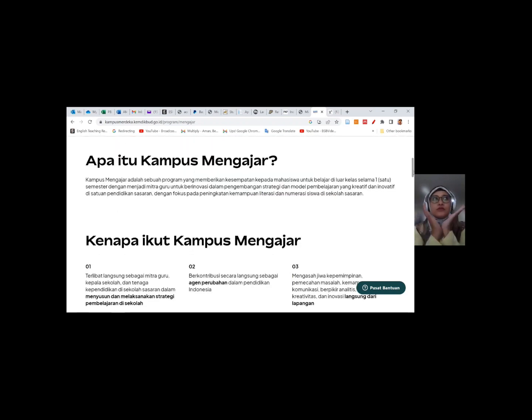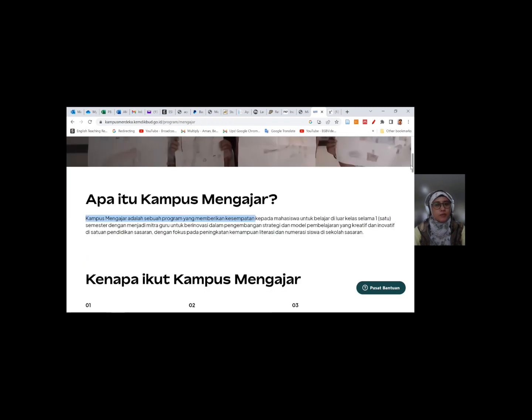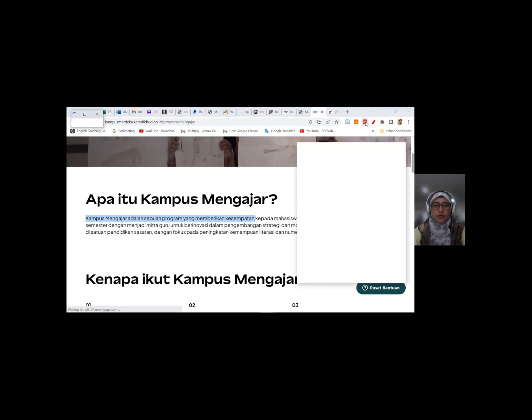So, for example, I want to define what is Kampus Mengajar. So I find the definition in this website, right? But how do I put it in my Mendeley? So what you can do is just click this logo in your browser and make sure that you already sign in.